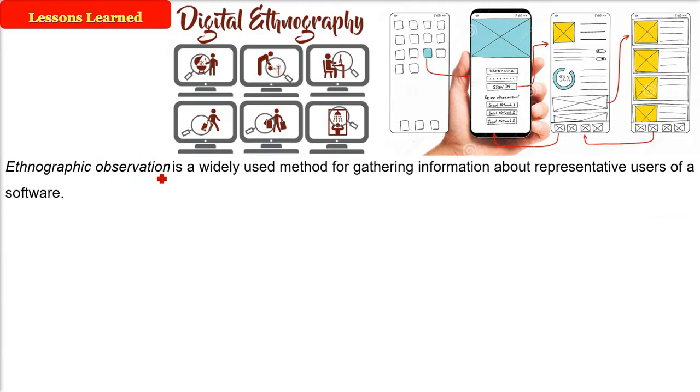The observation with respect to ethnicity is called ethnographic observation. This is widely used for getting information about who is going to use, because the world is more than 6-7 billion people. Different people use mobiles in different ways, and they have different ethnicity.